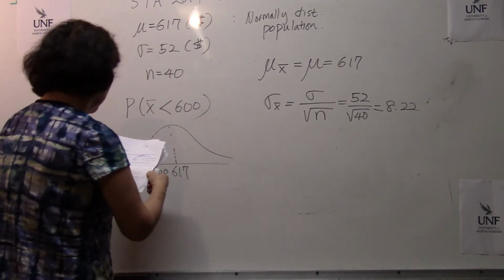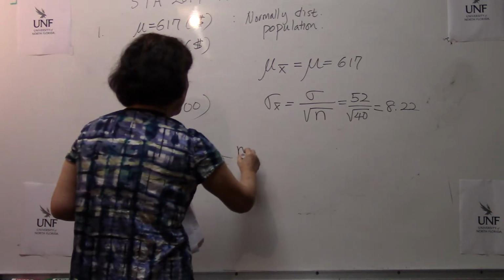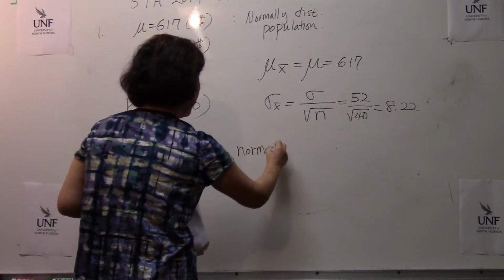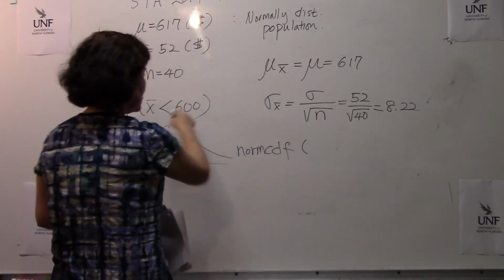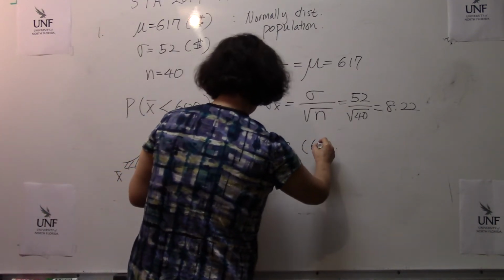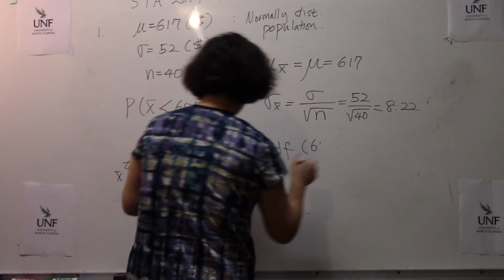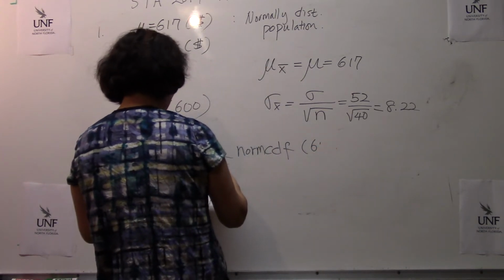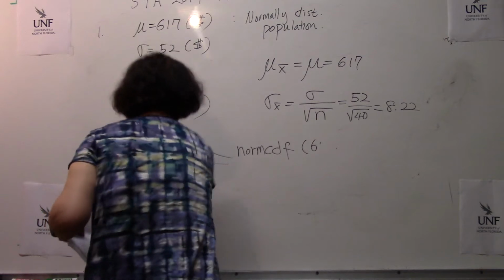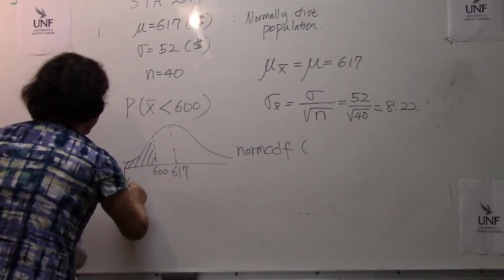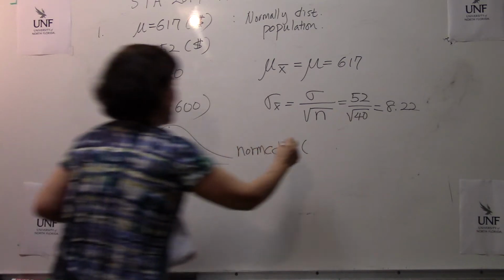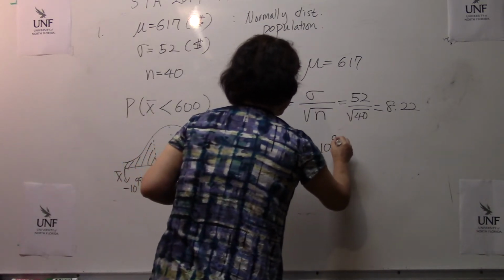So what do you have to do? Well, normCDF. 600 is the first number, I'm sorry, from the smallest, the left end, so that gives you negative 10 to the 99. Negative 10 to the 99.